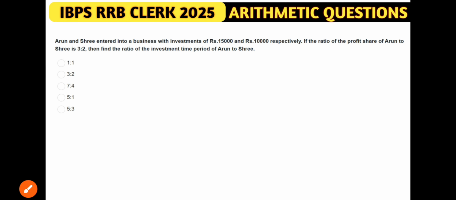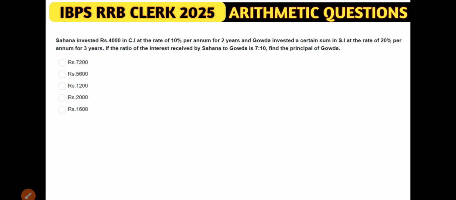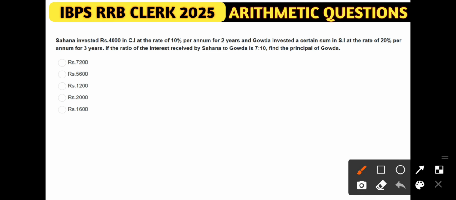Okay, now we are moving on to another question. Sahana invested rupees 4,000 in compound interest at the rate of 10% per annum for 2 years. So compound interest 10% for 2 years means 21% of principal, which will be 4,000.